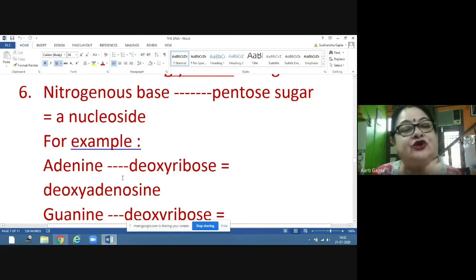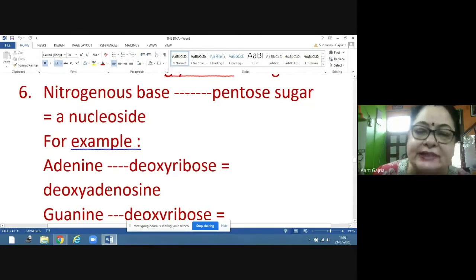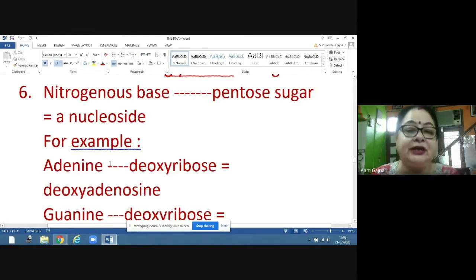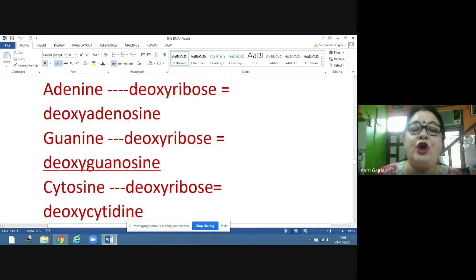RNA is called ribose. So when the nitrogen base adenine joins with a normal glycosidic linkage to a deoxyribose, the corresponding nucleoside formed is deoxyadenosine. This is a nucleoside. Similarly, when guanine is joined with deoxyribose, it forms deoxyguanosine.